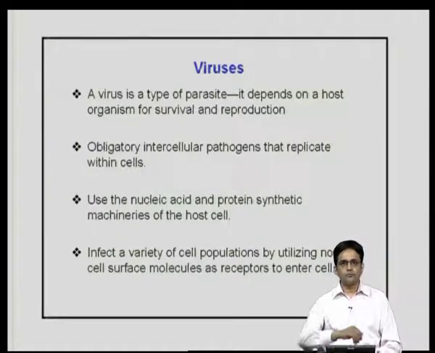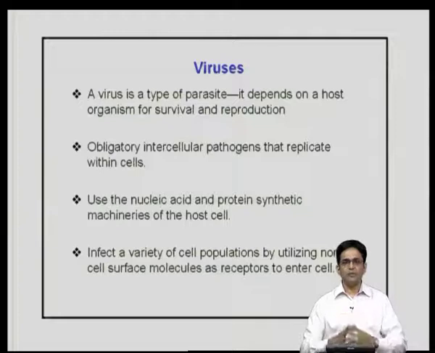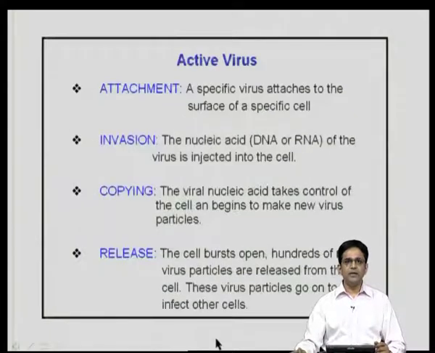One of the ways by which viruses infect is by utilizing cell surface molecules to gain entry. So, essentially if we were to take a look at the different steps in terms of viruses, there are mainly four. One is attachment. A virus attaches to the surface of a specific cell, often through binding of a particular receptor.